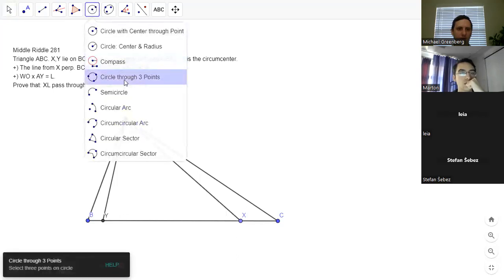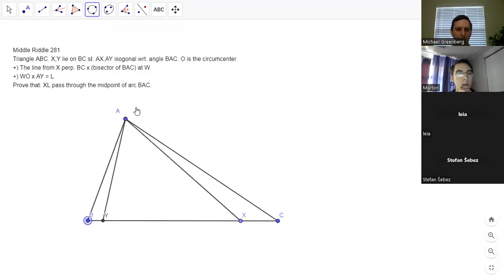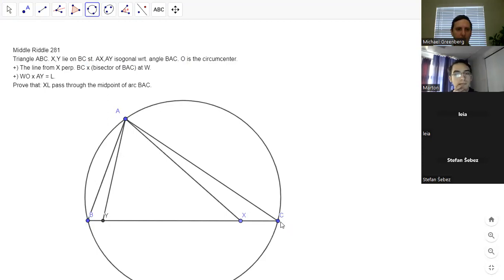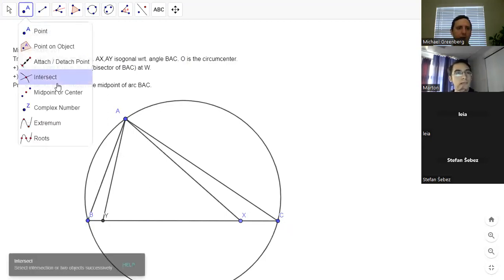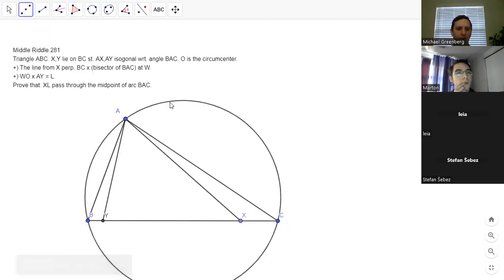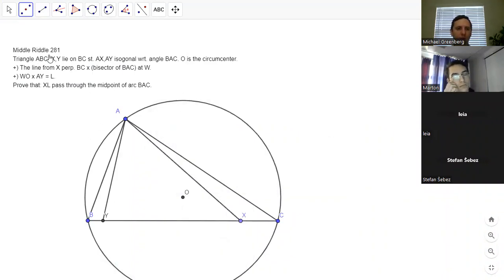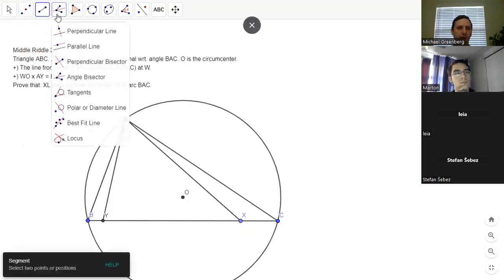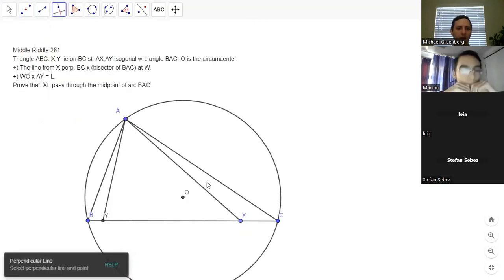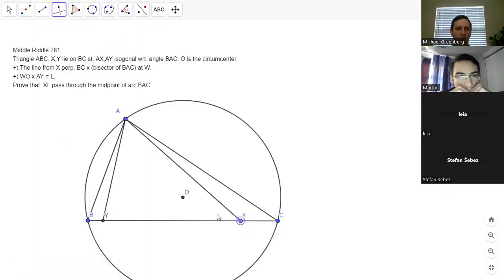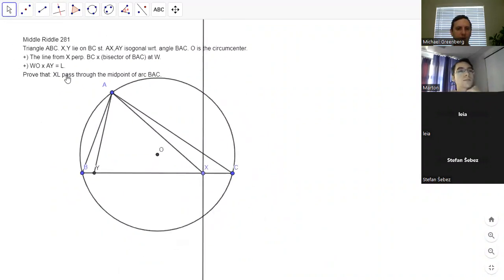Okay, let's draw the circumcenter. So this is O. The line from X perpendicular to BC intersects the bisector of BAC at point W.